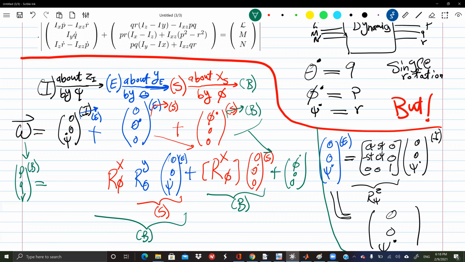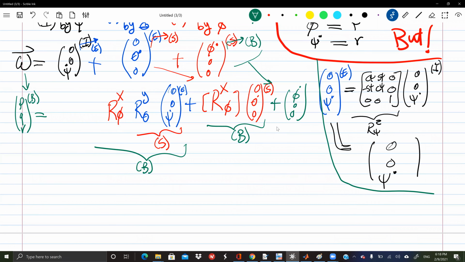You have this rotation matrix. Go and multiply, please. You have these two rotation matrices, multiply them together, get a matrix, and multiply by the column. At the end of the day, we have 3 columns. We're just going to add these 3 columns component by component.